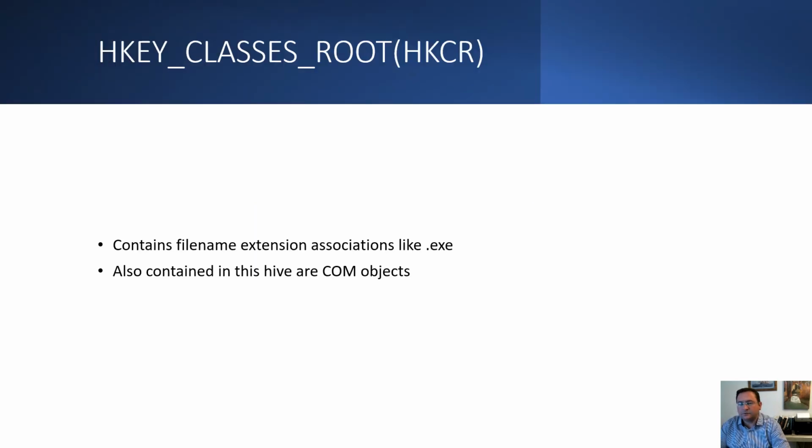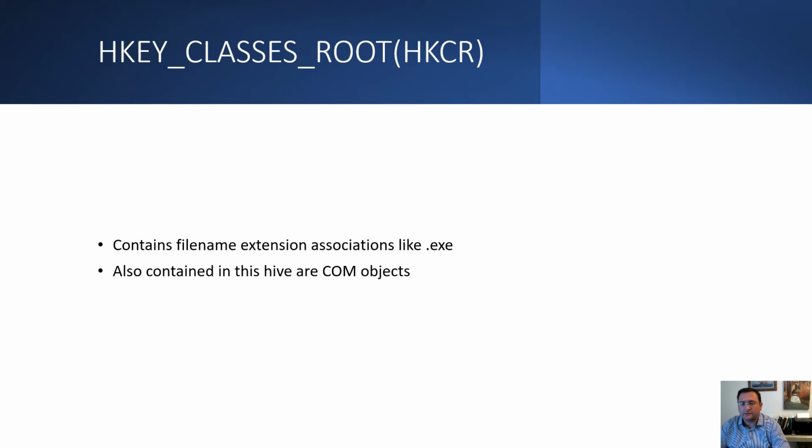HKEY_CLASSES_ROOT contains file name extension associations like .exe, which gives an opportunity to see what type of files are installed on your computers, and also contained in this hive are COM objects. The Microsoft Component Object Model, COM, is a platform independent, distributed, and object-oriented system for creating binary software components that can interact.